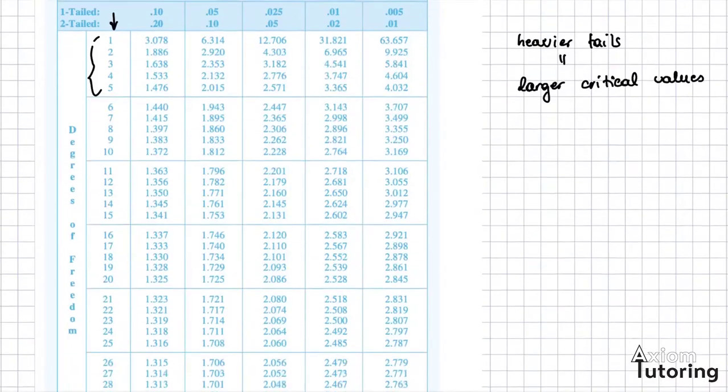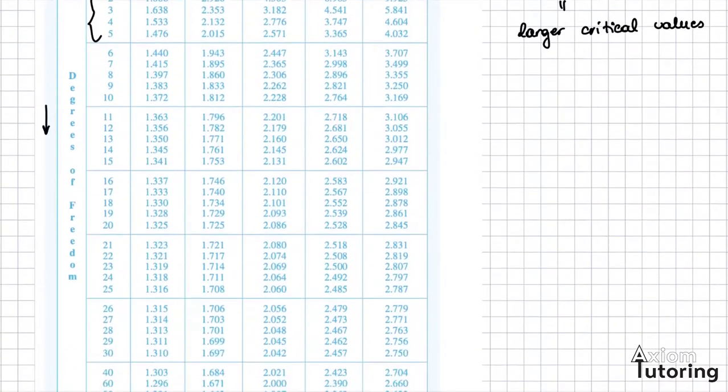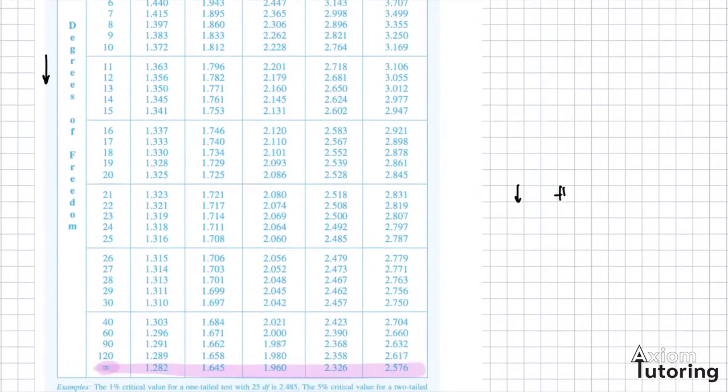As we keep going in this direction, we're increasing the sample size, so we've got more degrees of freedom, which means that the tails are becoming thinner. And as you can also see, the numbers themselves become smaller: smaller critical values.